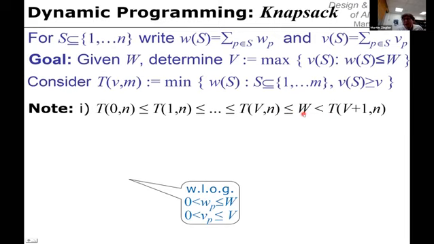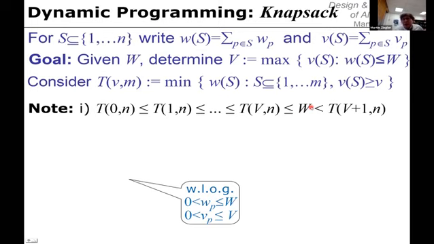That's exactly what will be our answer, namely the value v that is just attainable, whereas the next value v plus 1 already exceeds, is strictly larger than, the weight bound. So this is our first observation.